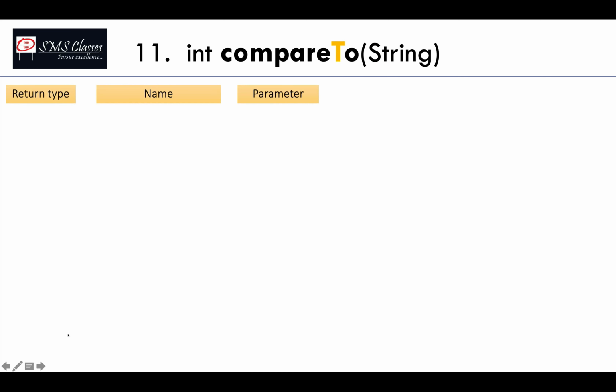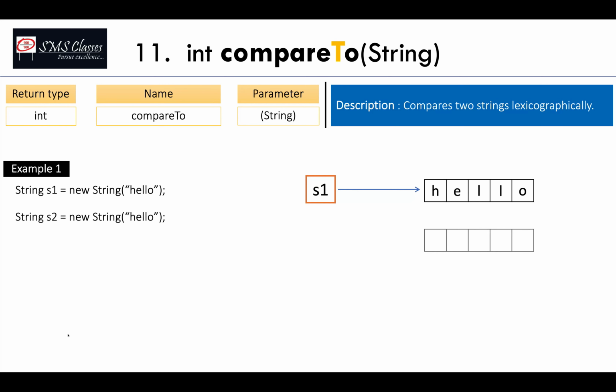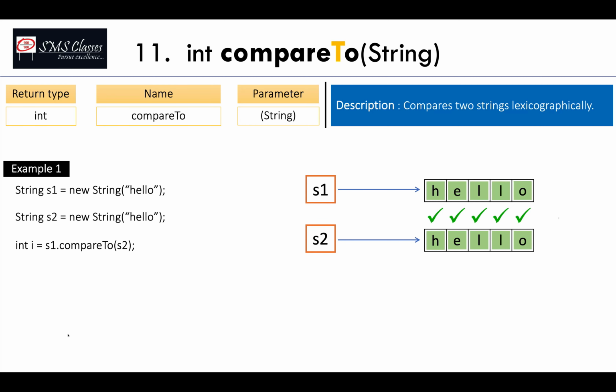The next method we'll learn is compareTo. This method has quite a few scenarios to learn. The parameter is a string and the return type is integer. Like equals, this is also going to compare character by character, but it will return an integer, that is 0 as your answer. For the same example, equals was returning true, compareTo returns 0.